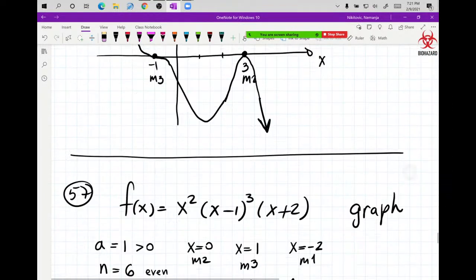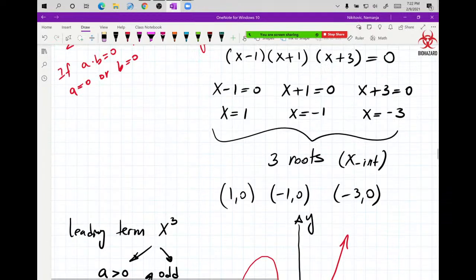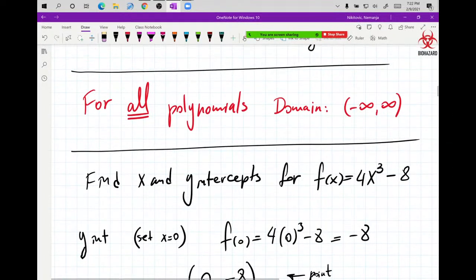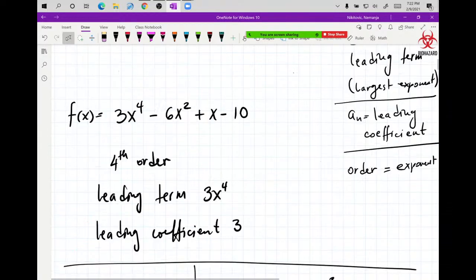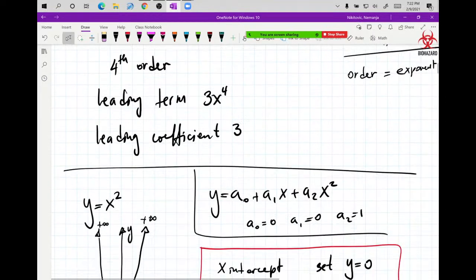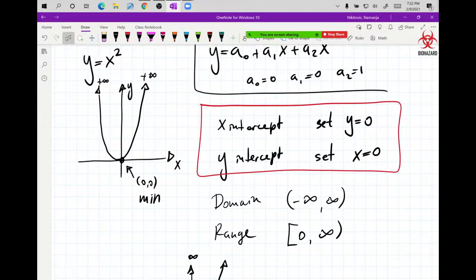So let me just recap in 2 seconds, and then obviously you can go back and watch it again on YouTube. But the leading term test is the big deal here, and we start with the polynomial definition, understanding that the highest power is your leading term, the largest exponent gives you the leading term.